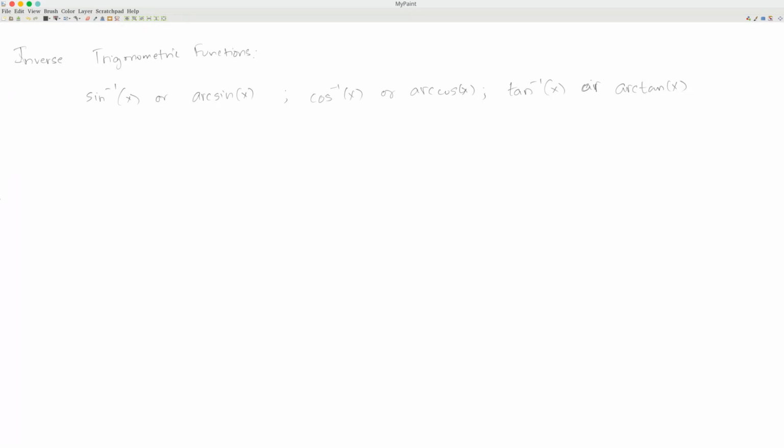I want you to observe a sine function and its inverse carefully.